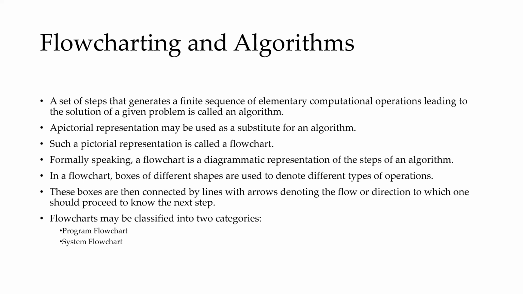We can encounter flowcharting in two categories: program flowchart or system flowchart. In your system analysis class, you will possibly encounter flowcharting. We are modeling subsystems, and they should interact with each other. By adding arrows, we are creating the direction of these interactions.